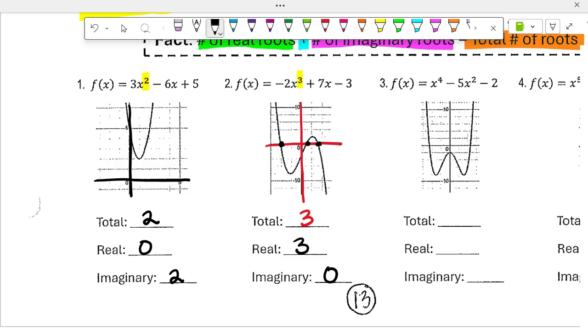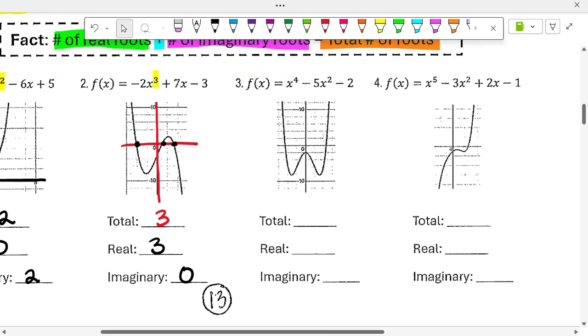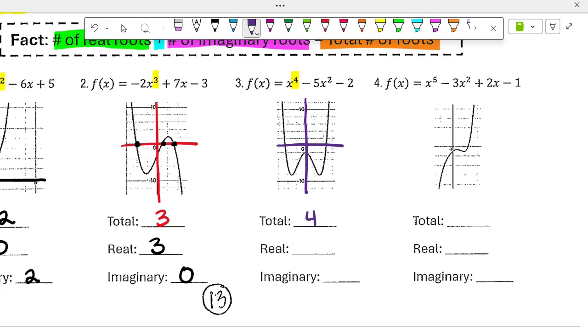You guys catching on what's going on here? All right, number 3. How many roots do I have total? 4. Axes are a little hard to see, so I'll draw them. How many real roots are there? 2. Only crosses twice. So how many imaginary should I have? 2.